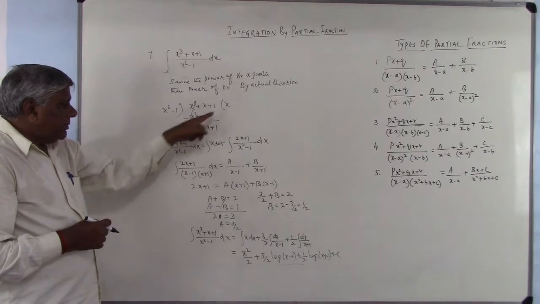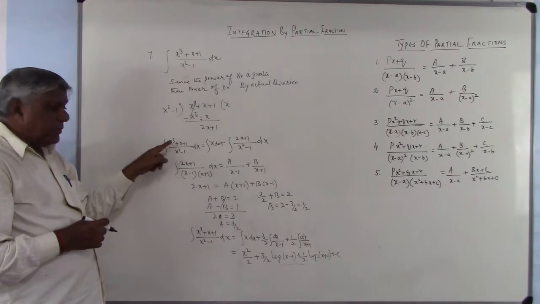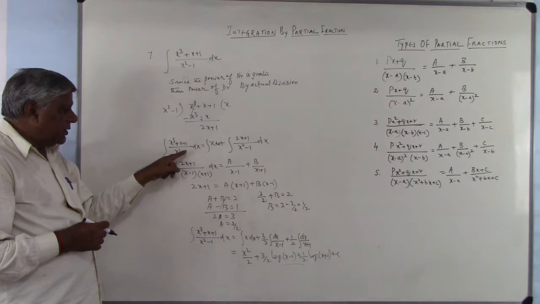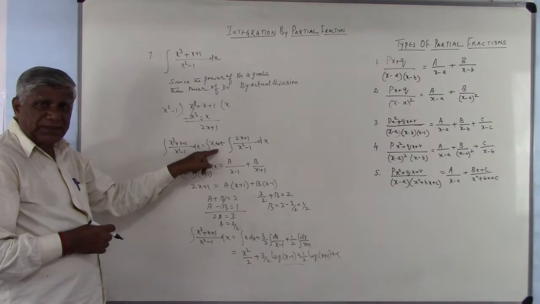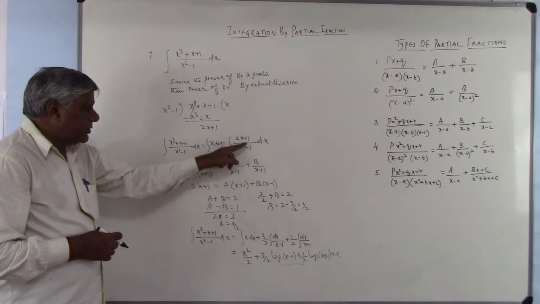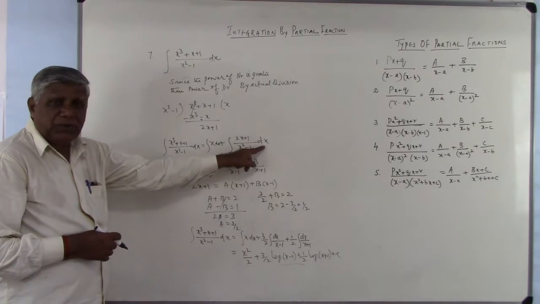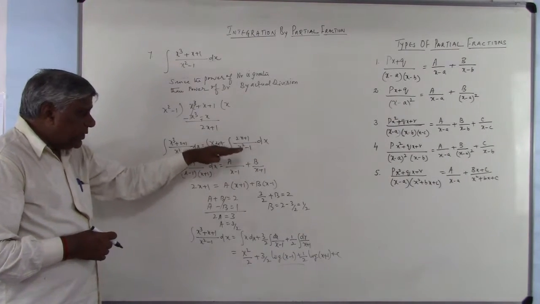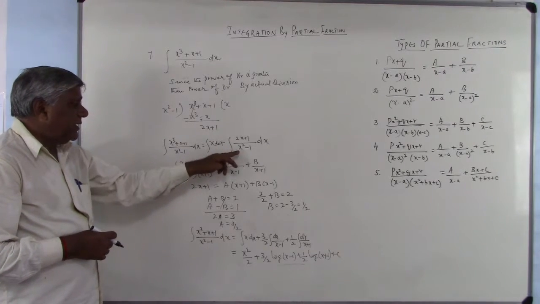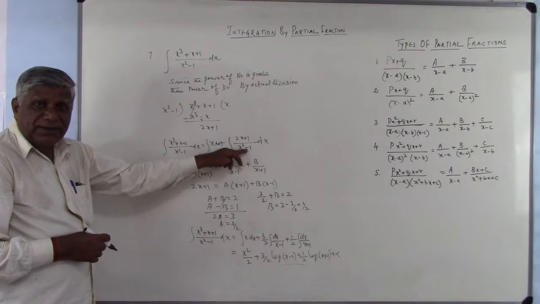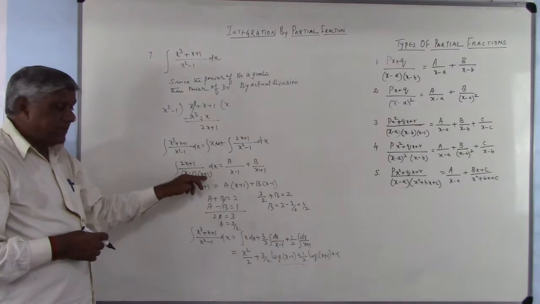The integral of x cube plus x plus 1 divided by x square minus 1 into dx is equal to integral x into dx plus integral 2x plus 1 divided by x square minus 1 into dx. Now we will do it separately. I will take this first. Integral 2x plus 1 divided by x square minus 1, where a square minus b square is a minus b, a plus b.